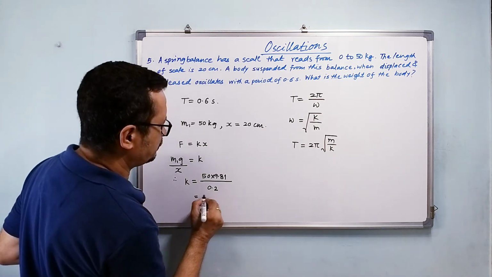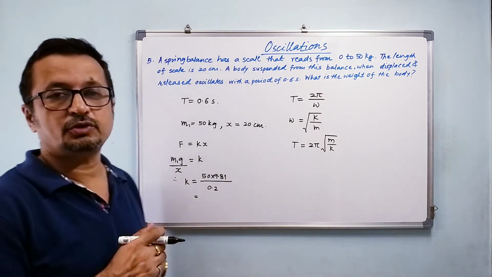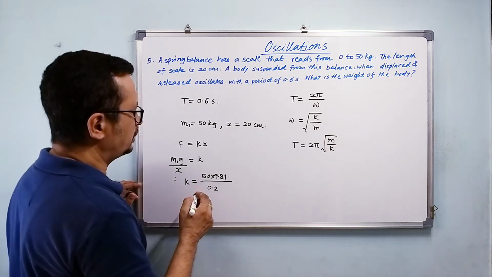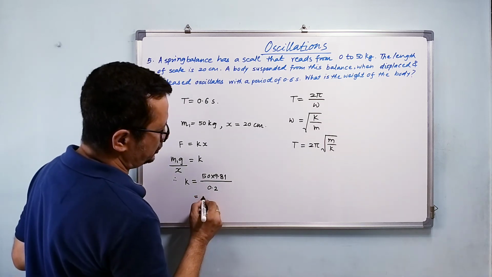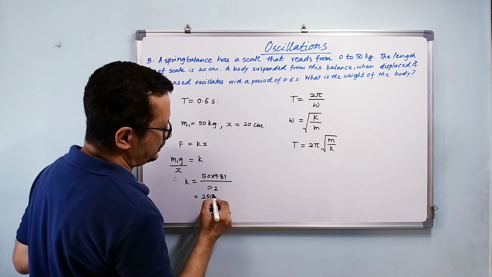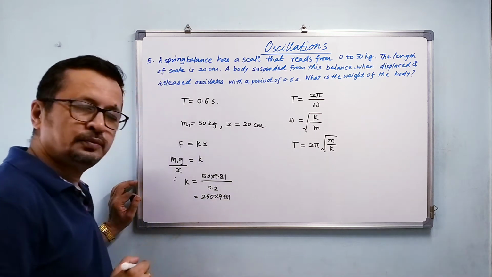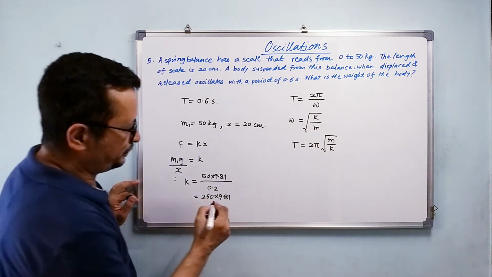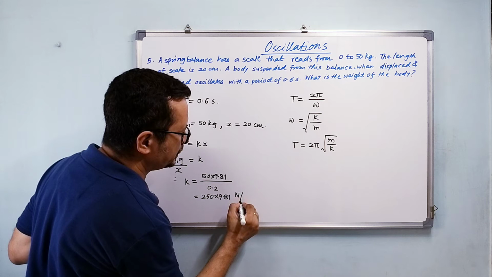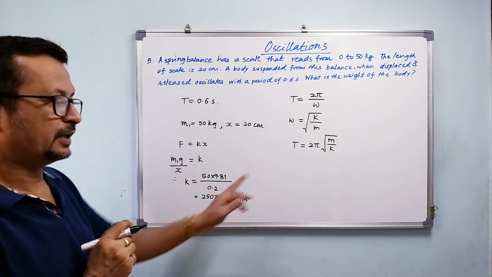So 50 upon 0.2 is going to be equal to how much? 250, correct, into 9.81. So that many newtons per meter.